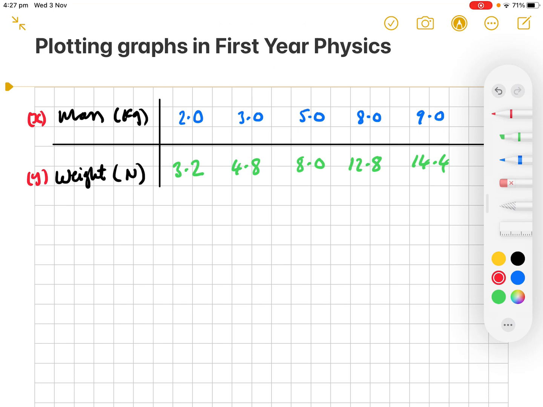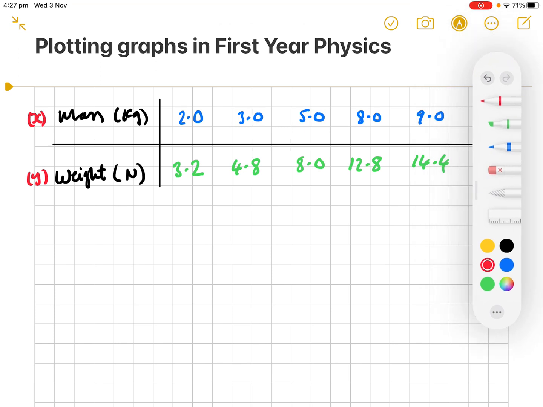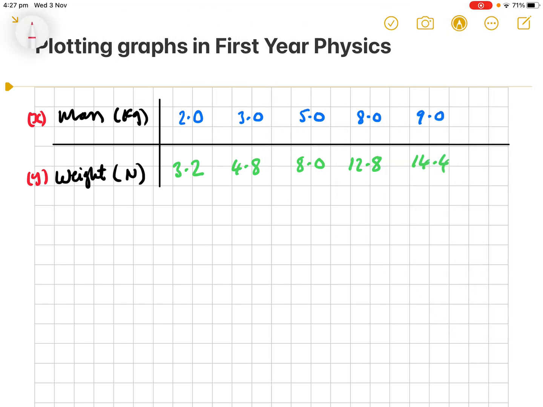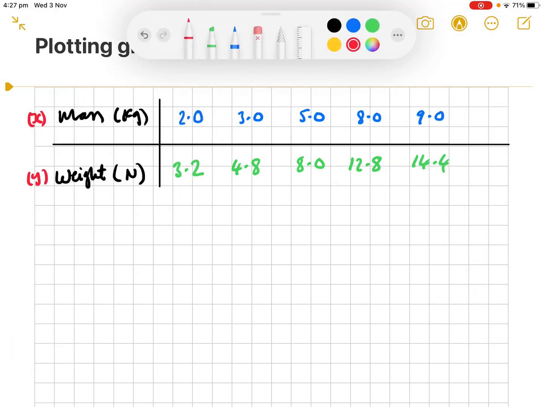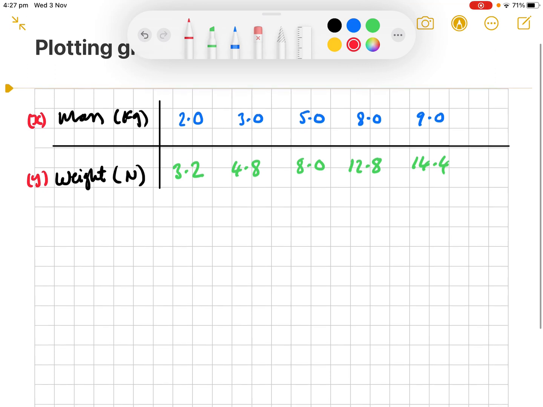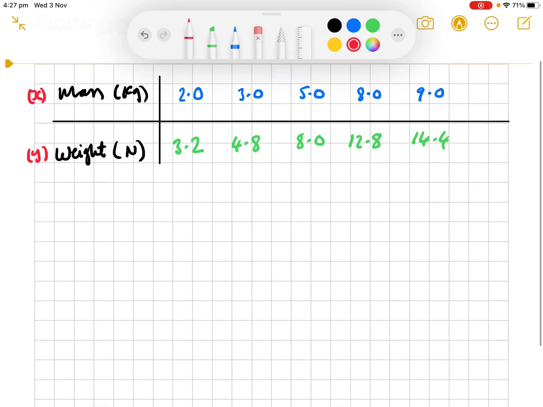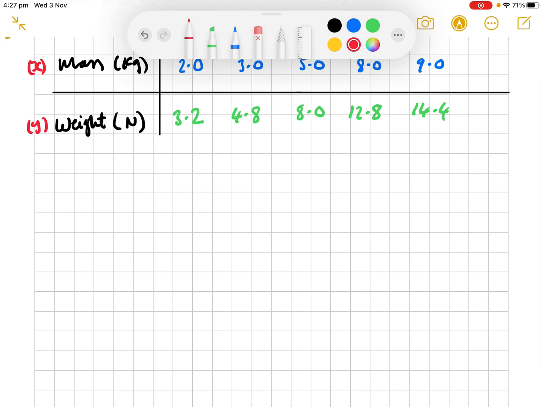We don't normally write the x and the y in physics, but that just lets you know where they would be if they were in. Right, so the first thing you've got to do then is draw your axes, and you want the graph to be as big as possible. So if you're given an A4 page, you want to try and fill that page as much as you can.